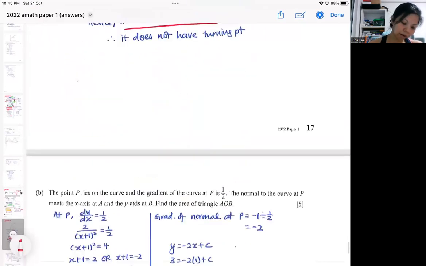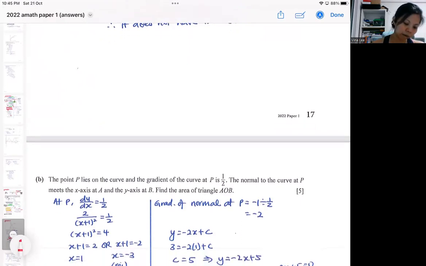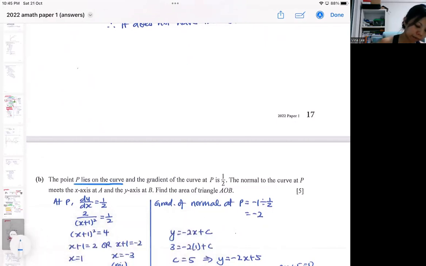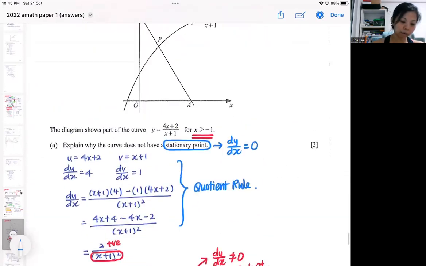And the second part talks about a point P on the curve, where the gradient is half. And then there is a normal. So actually you got to go back.